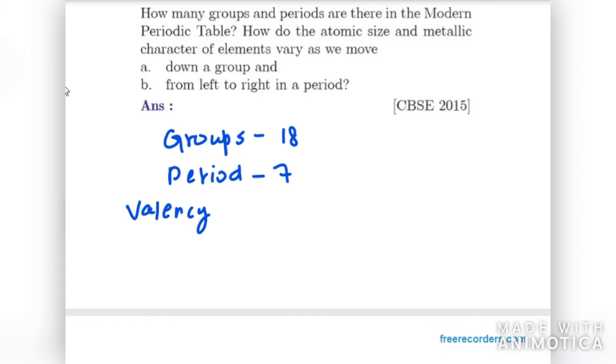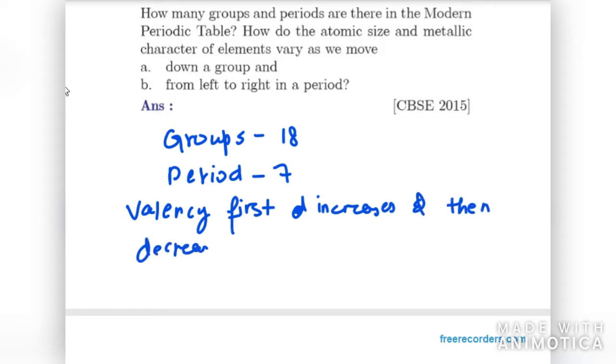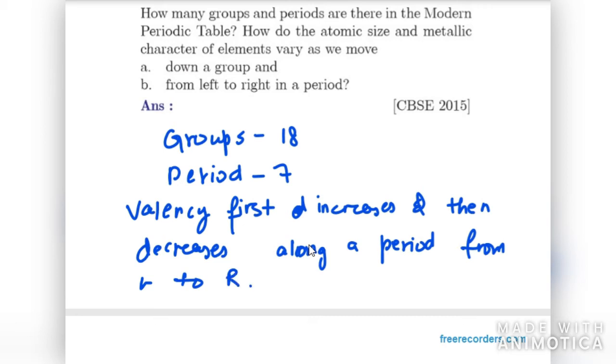Therefore, the metallic character decreases along a period from left to right.